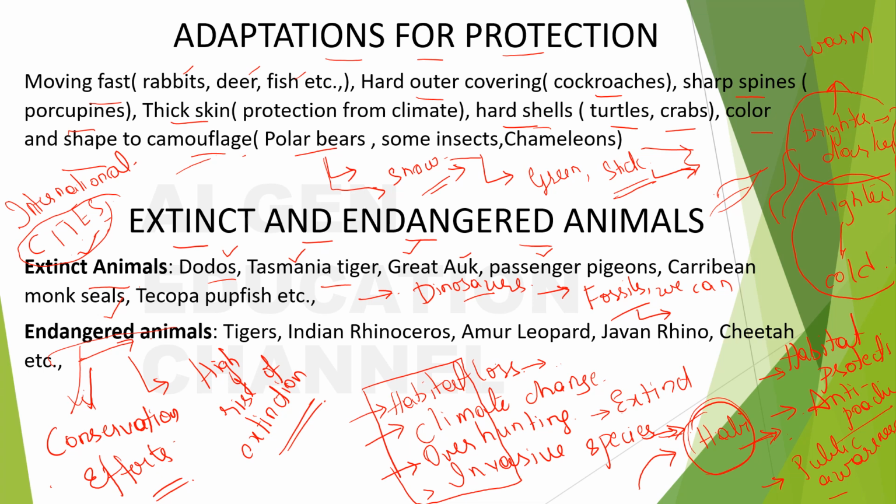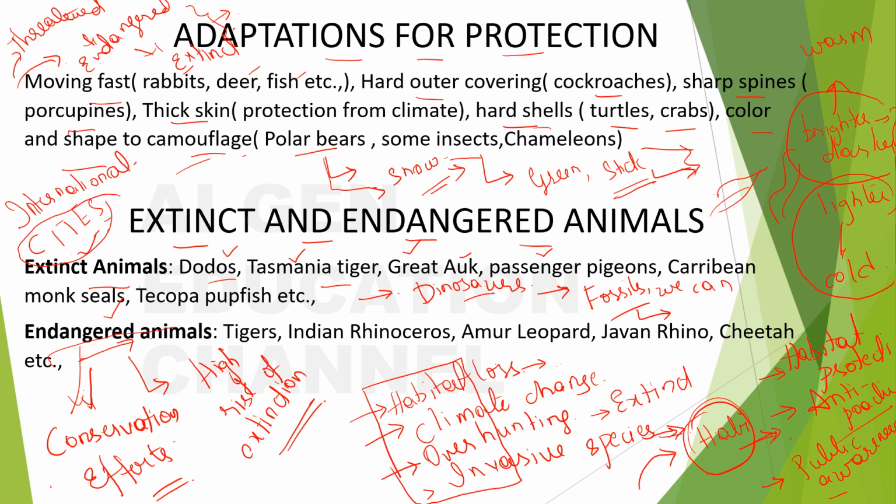It will go like this: firstly the animals will be threatened, and then they will reach the level of endangered if things go bad, and then they may get extinct. So if you can make some efforts at this stage and this stage, you can actually help avoid this, right?